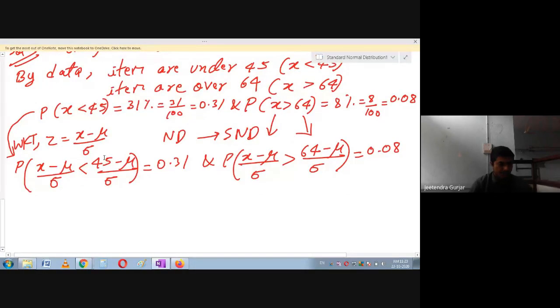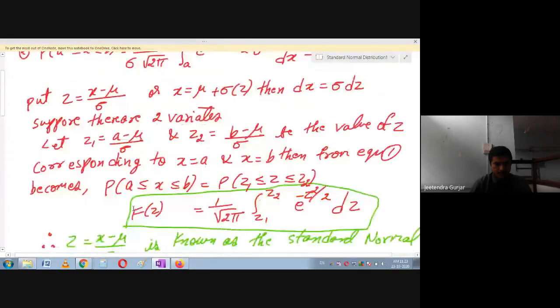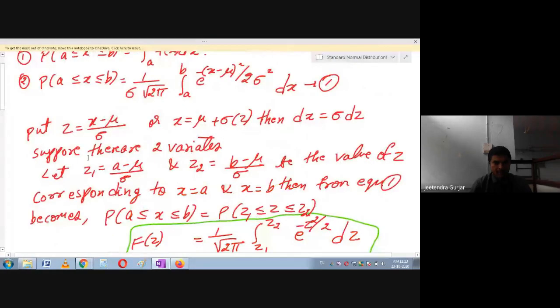So you can see if you just substitute the values, x minus mu divided by sigma, it is z. Z is less than 45 minus mu divided by sigma. As I already told you, here you can see two variates, 45 and 64.